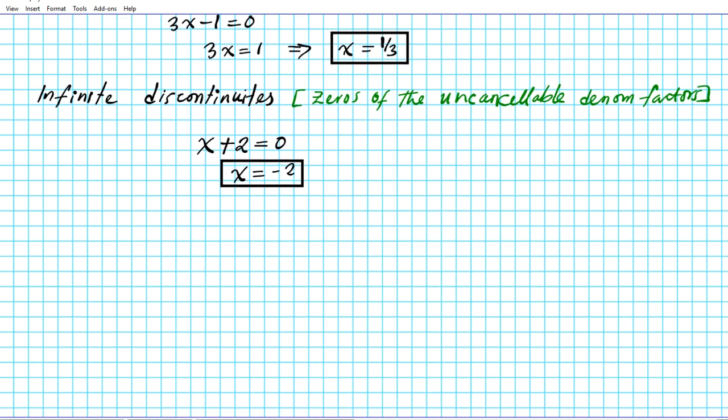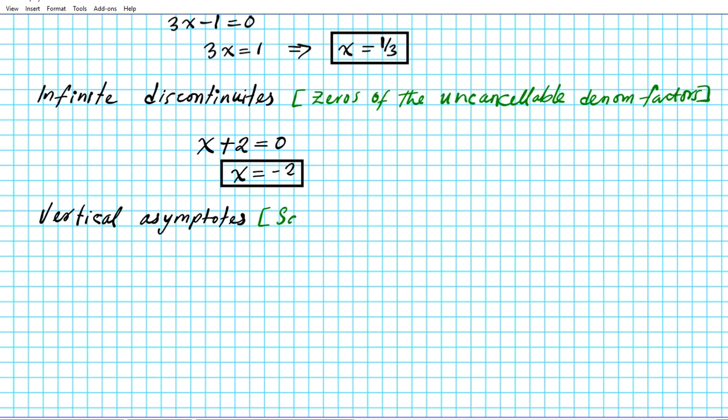Next, let's go into our asymptotes. We're going to start off by looking for our vertical asymptotes. Our vertical asymptotes can be found by simply looking at your infinite discontinuities.